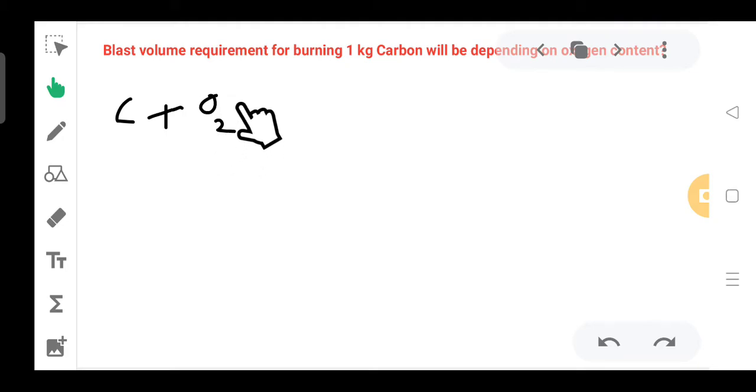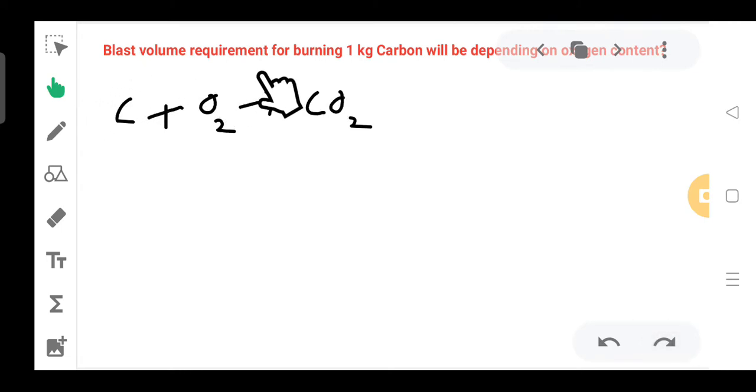If we are calculating without oxygen enrichment, that means 21% oxygen in the blast, when the blast enters the tuyeres, the carbon present in the coke and the oxygen present in the blast react together to produce carbon dioxide.